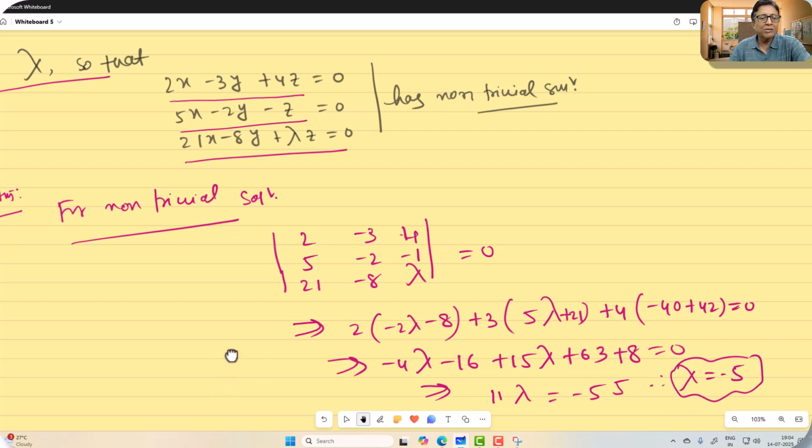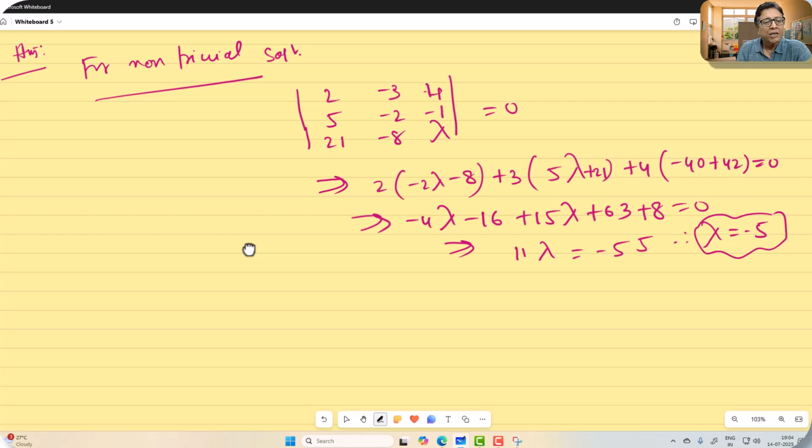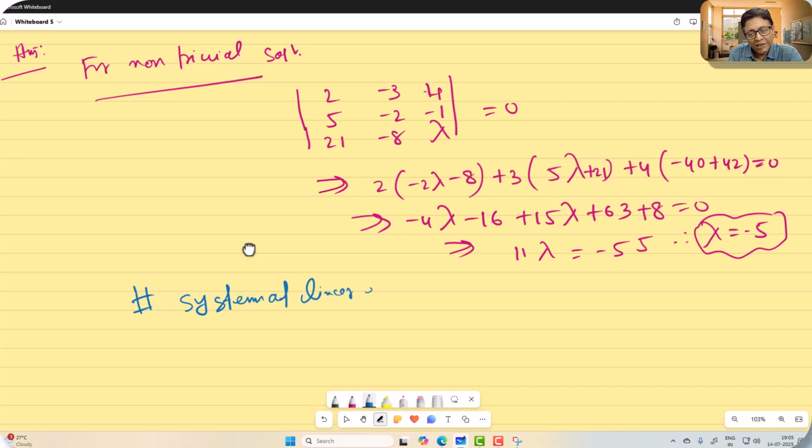One thing I'd like to say is that whatever we have discussed so far is equally applicable for a system of linear equations in two variables.